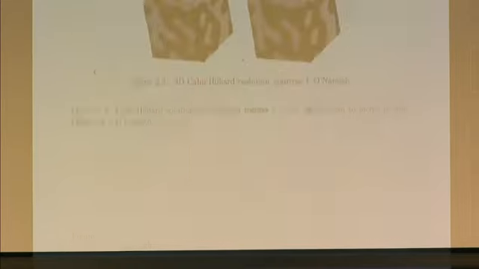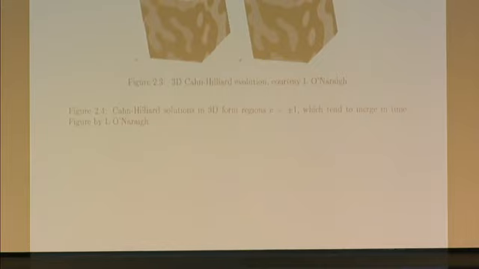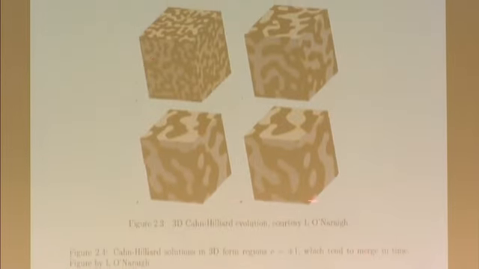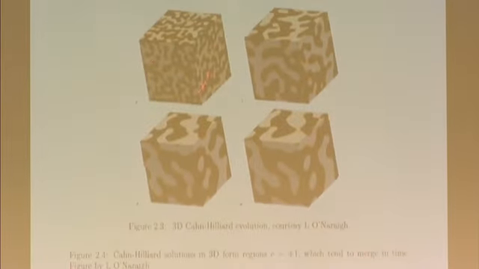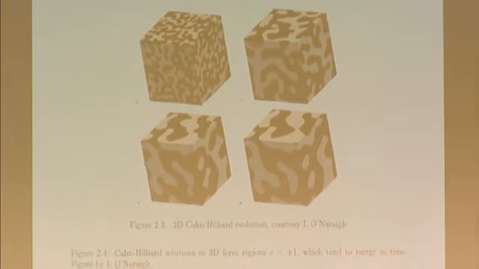In 3 dimensions, you can see it happening here. So we start out with a fine scale pattern, and this is time 1, time 2, time 3, time 4, and you can see the coarsening occur.